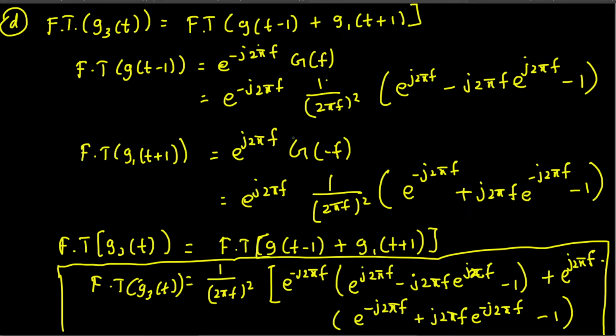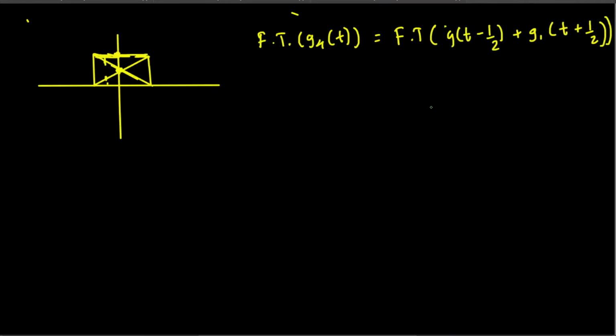The difference is that it's going to be exactly the same expression, except instead of j2 pi f, we are going to have j pi f. So if you write the exact same expression with minus j pi f here, and e power j pi f here, and put the other term as it is, it's going to be the answer. But we can go ahead and do it again.